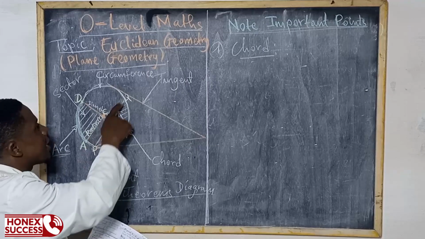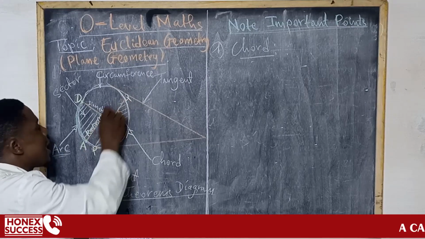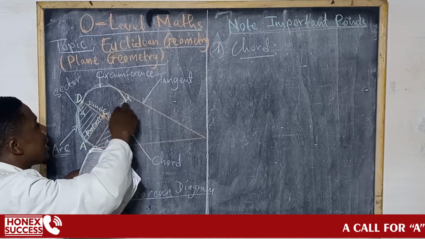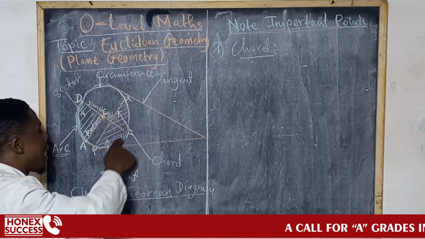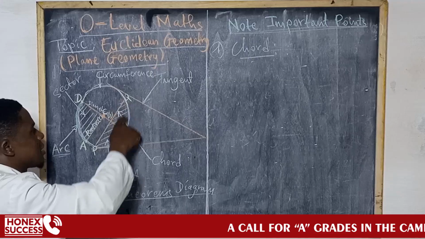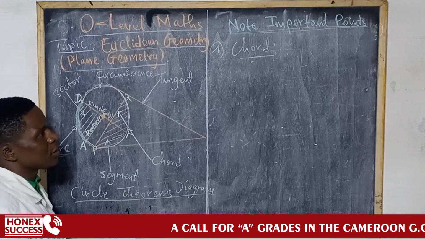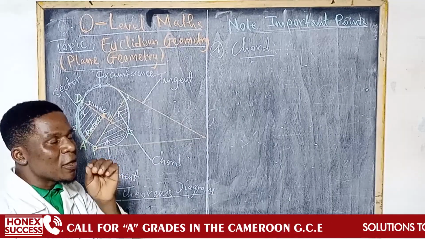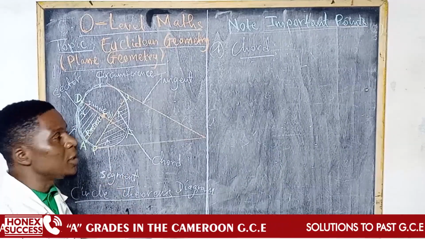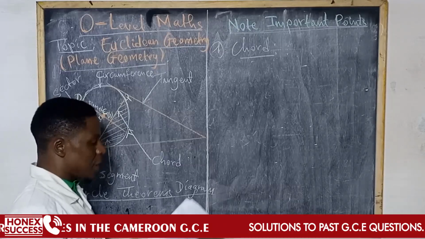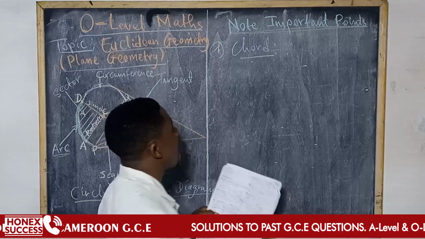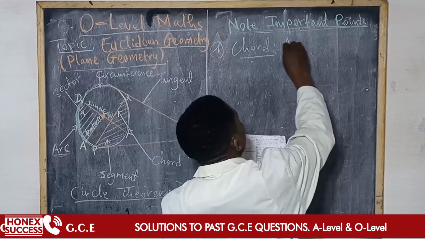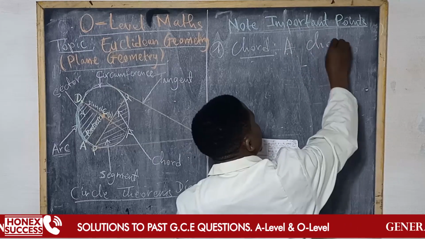For example, PQ here is a chord. You see, it is a straight line whose ends lie on a circular arc. This is an arc here, a circular arc. So take note of that very important term in plane geometry.